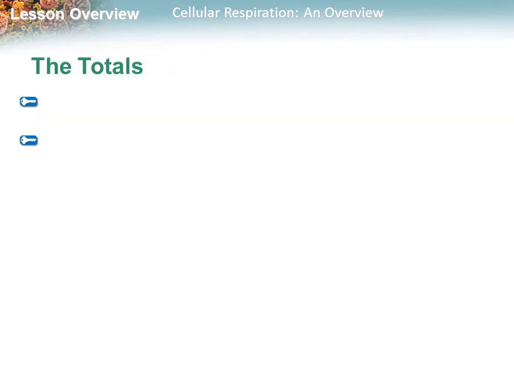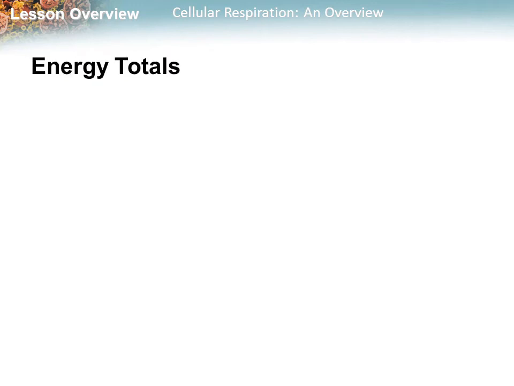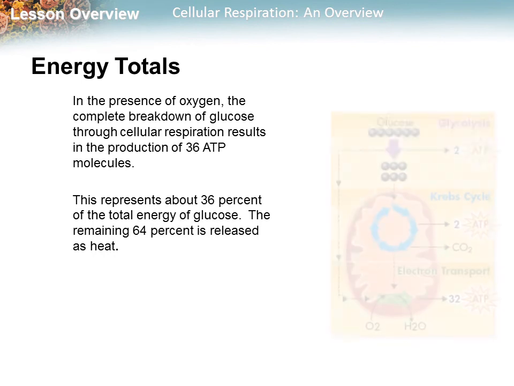Now let's see the totals. So how much energy does cellular respiration generate? Together, glycolysis, the Krebs cycle, and the electron transport chain release about 36 molecules of ATP per molecule of glucose. Let's see the energy totals.